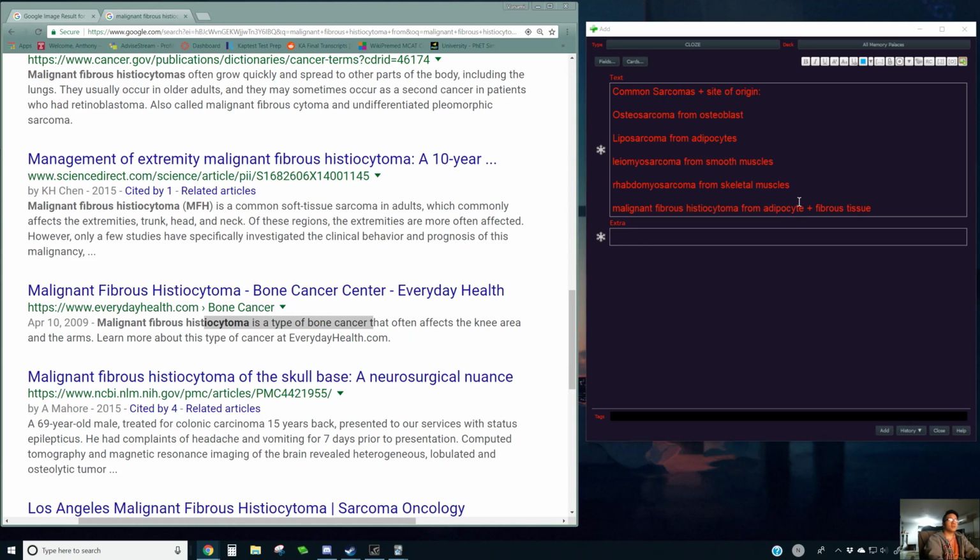Alright, so it just says adipocyte and muscle cell. I'm gonna say bone too.